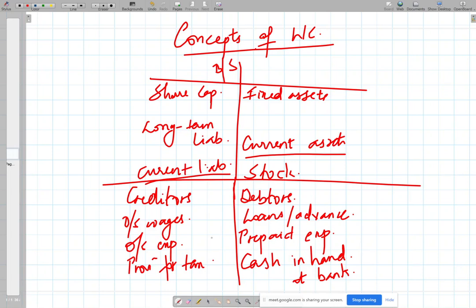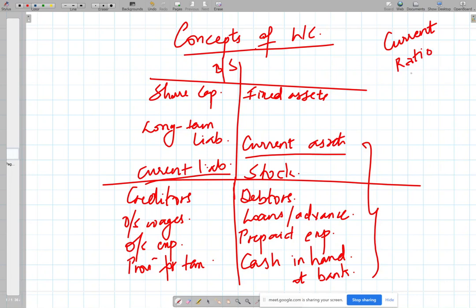Now, when we calculate working capital or when we decide how much working capital we have, we do it either by looking at all our current assets, or there is another way of subtracting the current liabilities from the current assets. I'm sure many of you have calculated the current ratio. We have something called the current ratio, or we also call it the liquidity ratio.